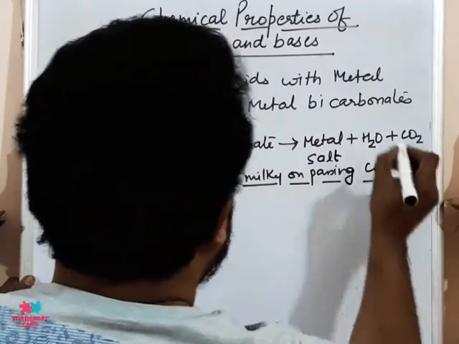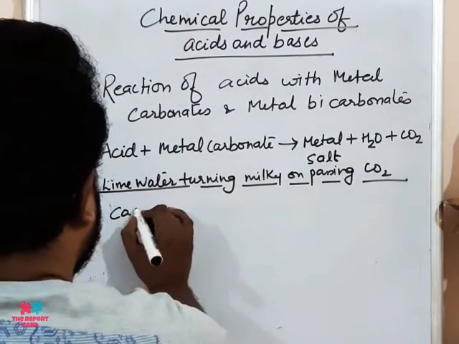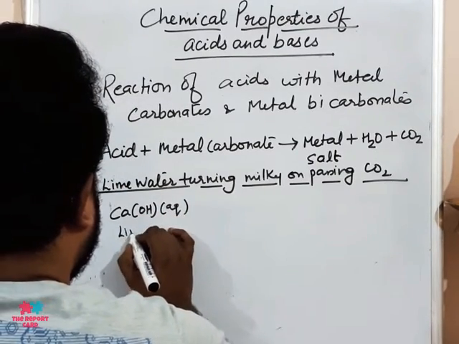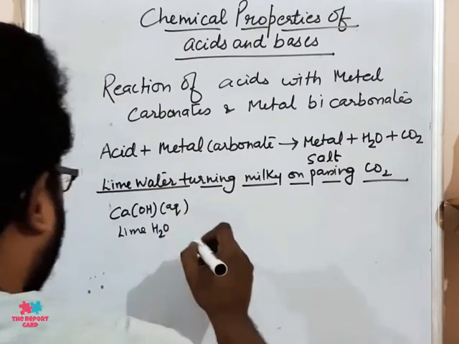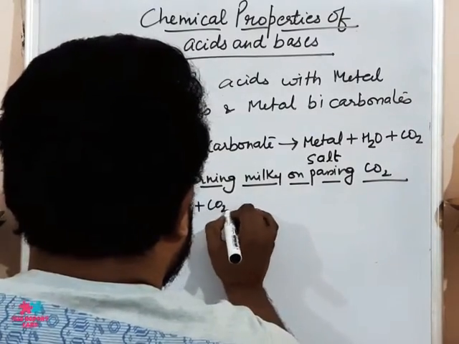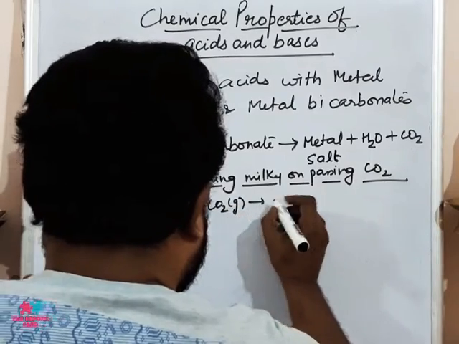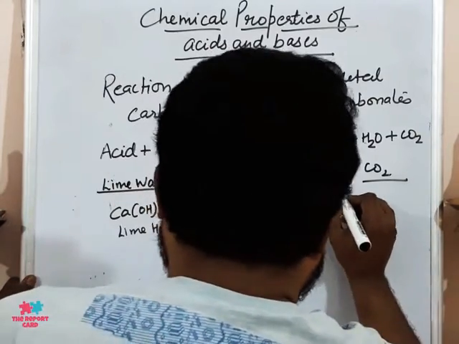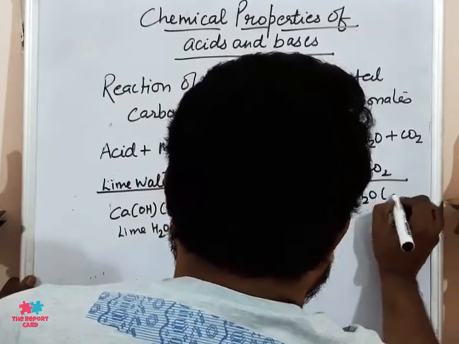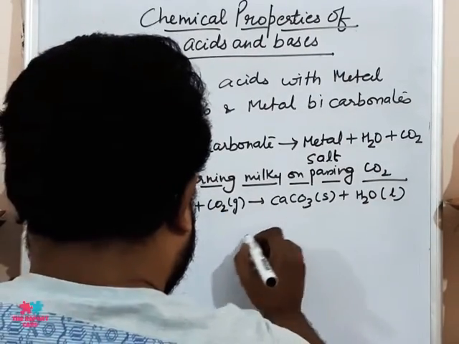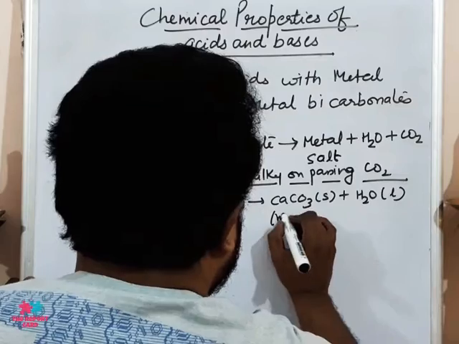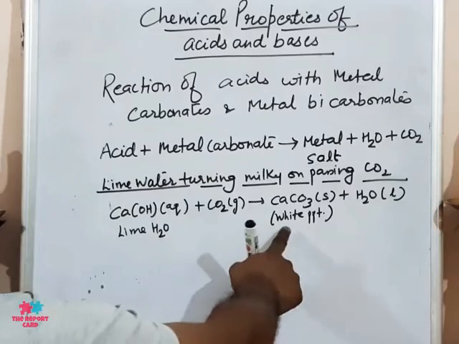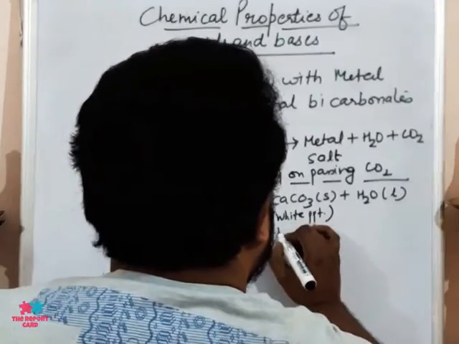So calcium hydroxide aqueous solution, this is what is lime water, plus carbon dioxide in gaseous form when you are passing it, then calcium carbonate is formed, which is insoluble in water, and water in liquid form. Now this is a precipitate. It is white. PPT means precipitate. This is what milkiness is. Remember, milkiness.